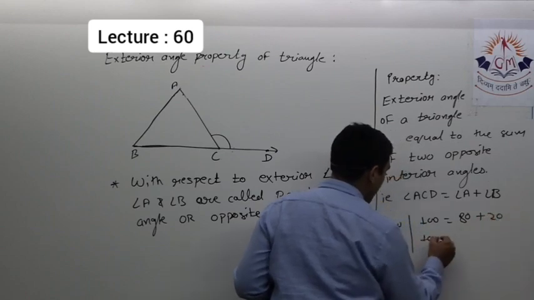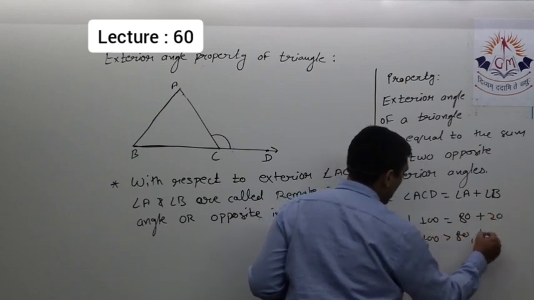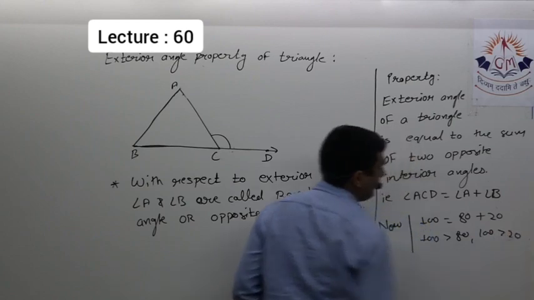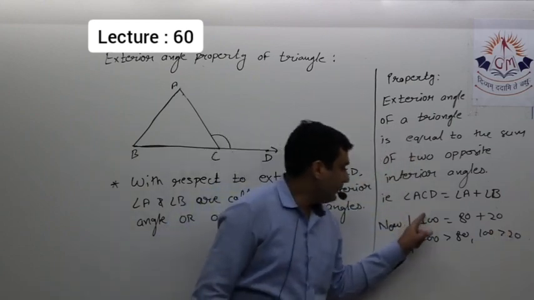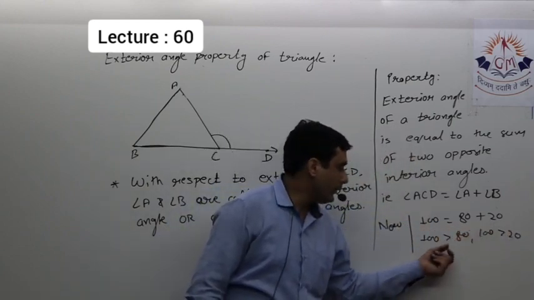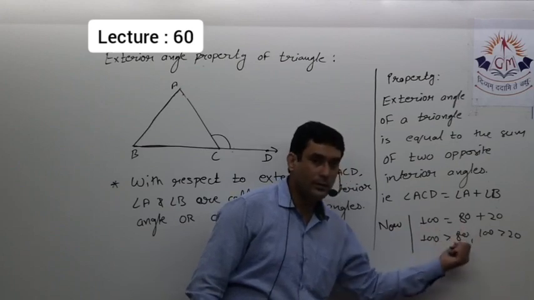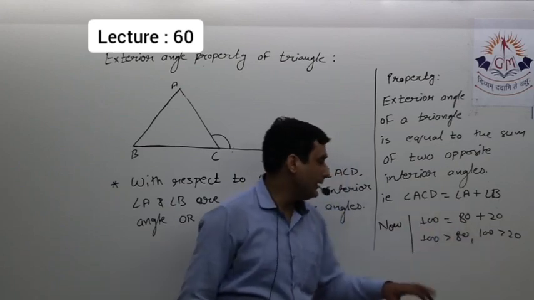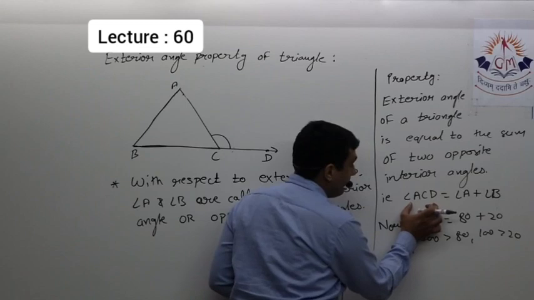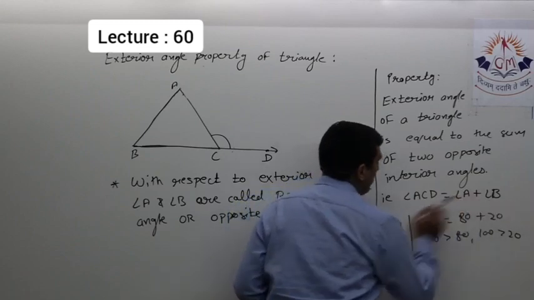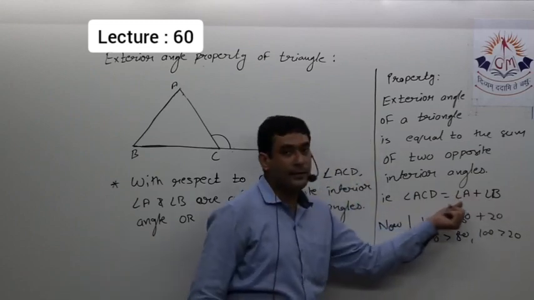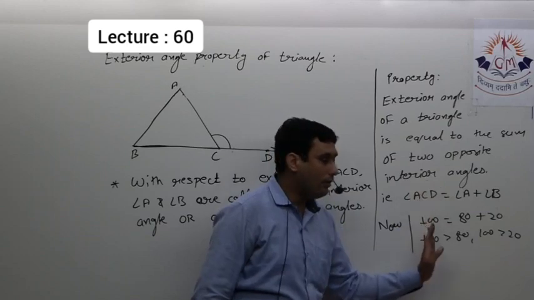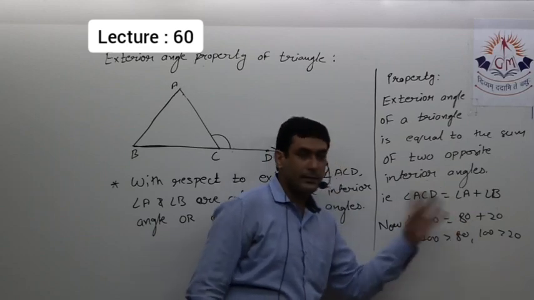Can I say definitely 100 is greater than 80 as well as 100 is greater than 20, isn't it? So if angle ACD is equal to angle A plus B, definitely ACD is greater than A and ACD is greater than angle B.